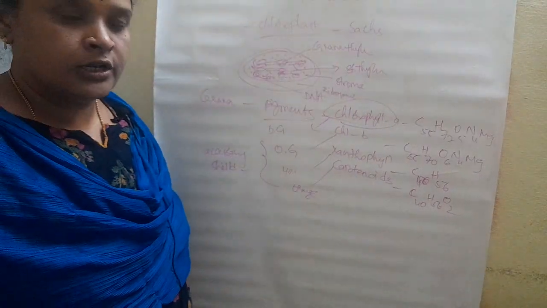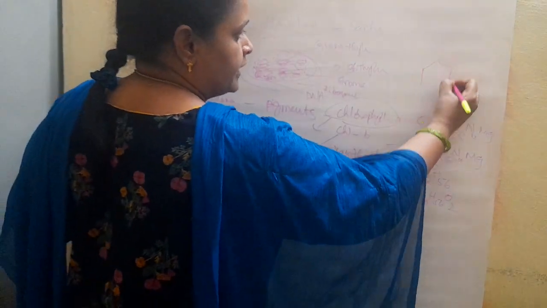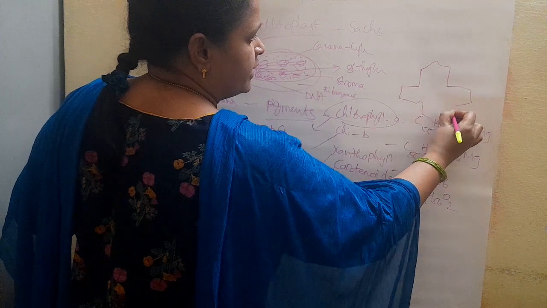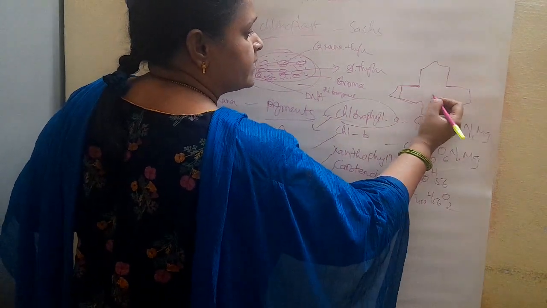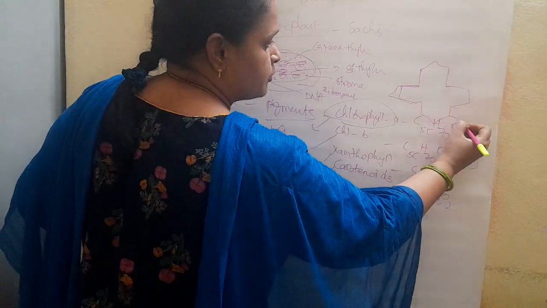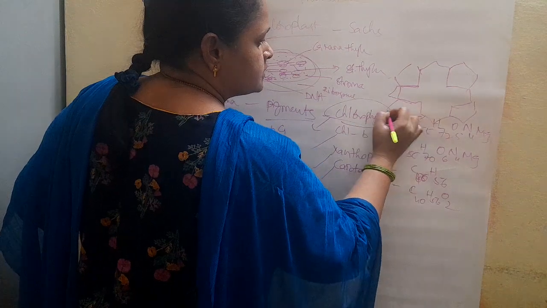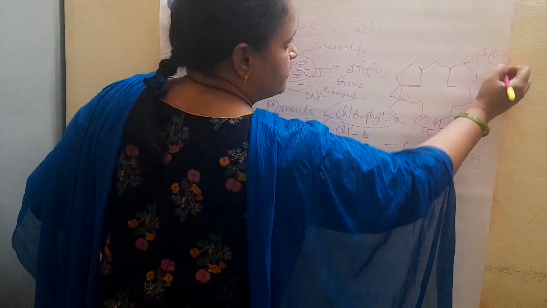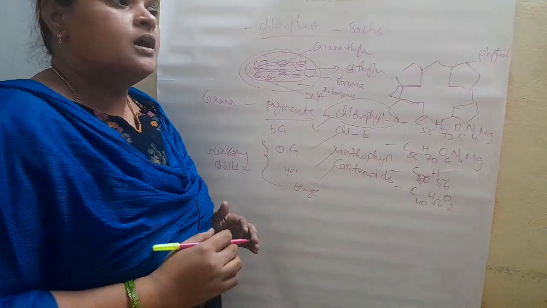If you see the structure of the chlorophyll molecule, it has a porphyrin ring with a phytol chain, and it is just like that of hemoglobin.